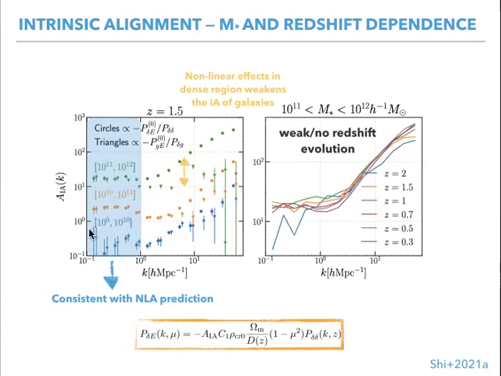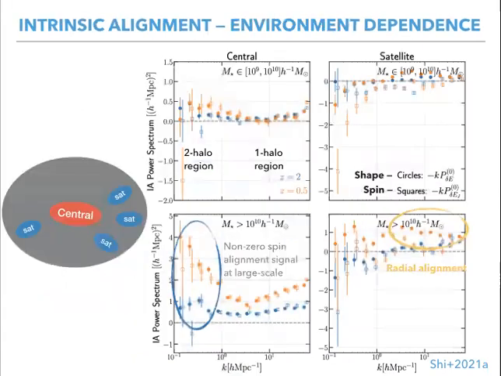In the following, I will mainly talk about the shear cross-correlated with the matter field. We further studied the intrinsic alignment signal for centrals and satellites. We found a very strong signal for the massive centrals. The circles here are for the shape-characterized ellipticity, while the squares are for the spin-characterized ellipticity.